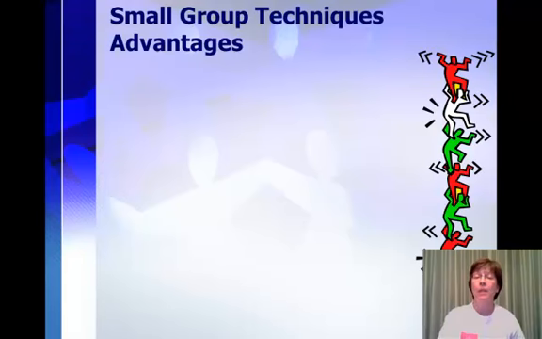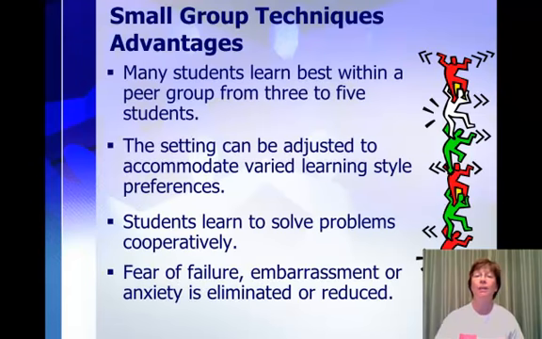Now, team learning is also referred to as a small group technique, and the advantage of having students work in a small group is that many students, especially adolescent students in middle school and high school, learn best with a peer group.